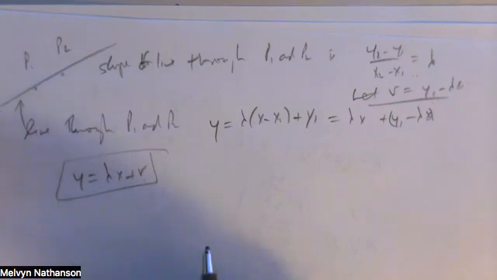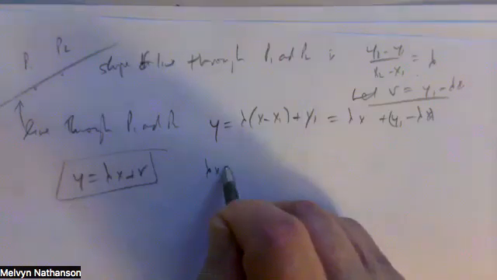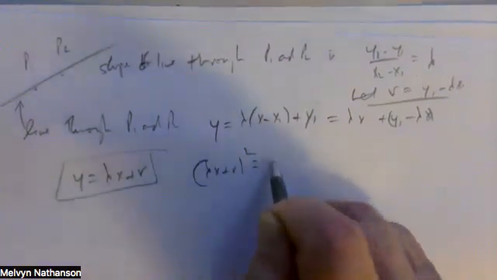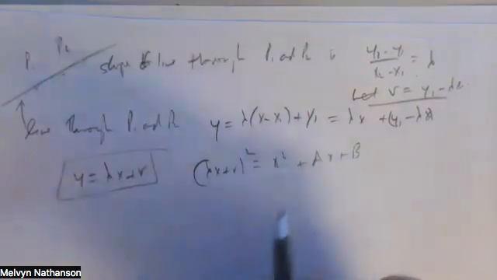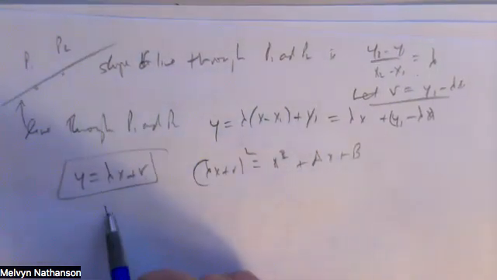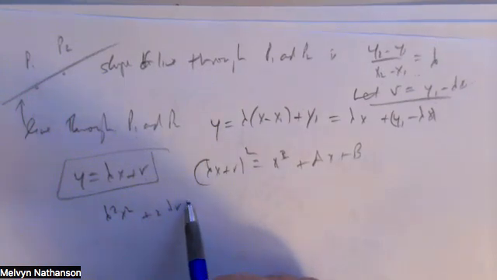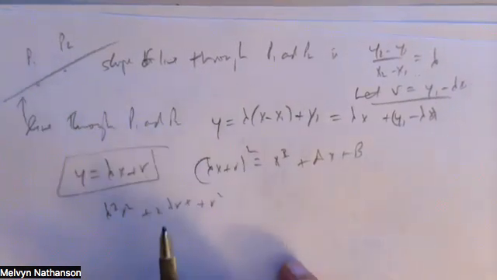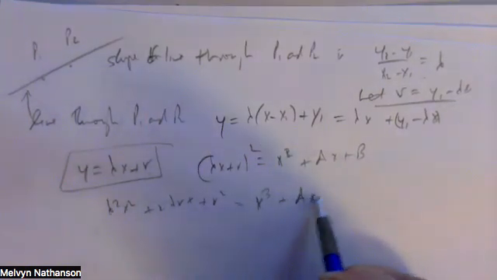And then you substitute this into the equation, exactly what I did in this special case. So you get (lambda x plus nu) squared is x cubed plus ax plus b. So you get lambda squared x squared plus 2 lambda nu x plus nu squared equals x cubed plus ax plus b.